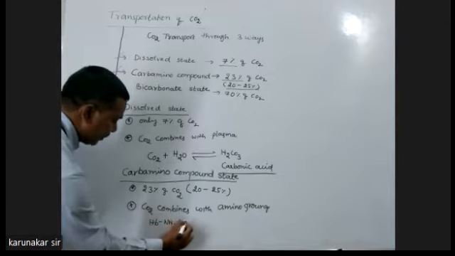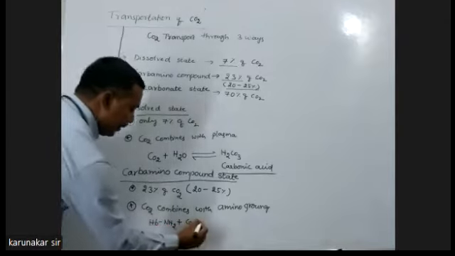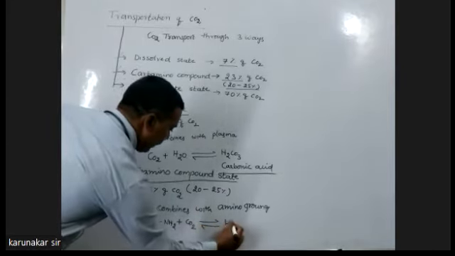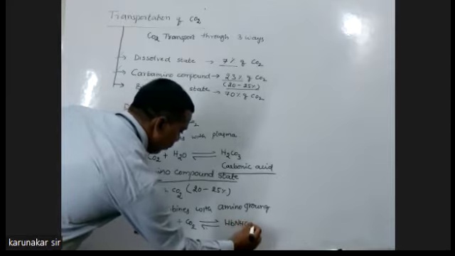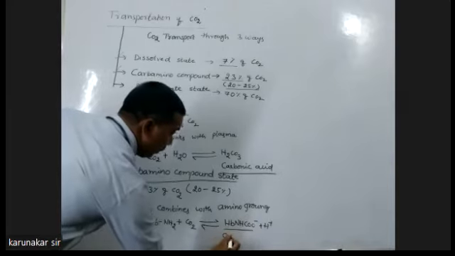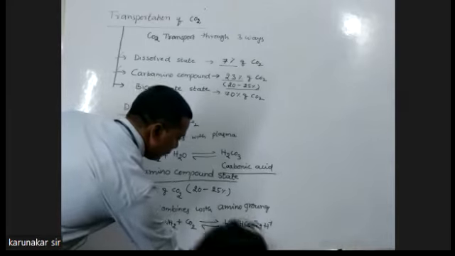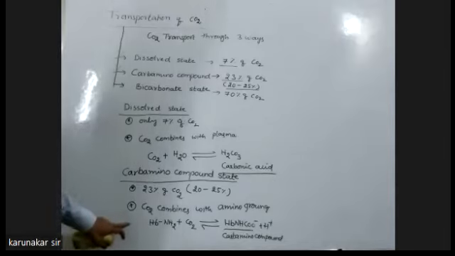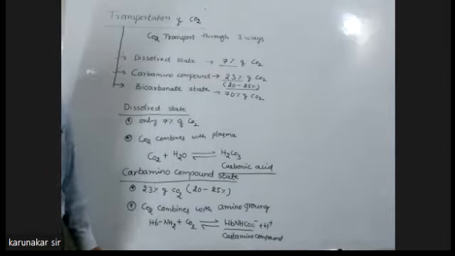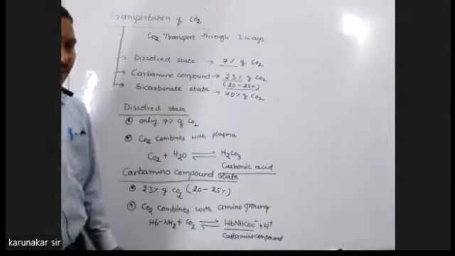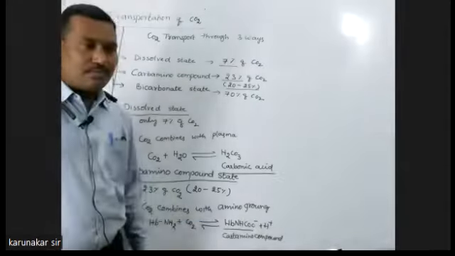HbNH2 combines with CO2 and develops into HbNHCOO minus plus H plus. This is called the carbamino compound. Here one more thing we have to know, Nana: HbNHCOO minus is called the carbamino compound.